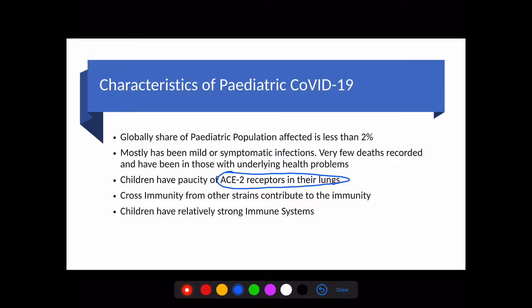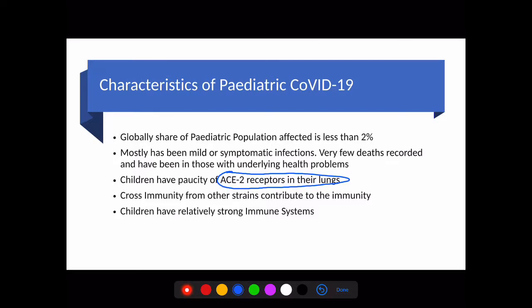Number two, children have a very strong immune system, and at the same time, they repeatedly get infections from other strains of coronavirus, as I told you earlier, the alpha and beta coronaviruses, which cause the common cold. So there is some extent of immunogenic challenge that leads to some form of cross immunity. So children do have some immunoglobulins which have some predisposition to attack these viruses. That's why even if kids get this virus inside, the immune system is able to suppress it in early stages.